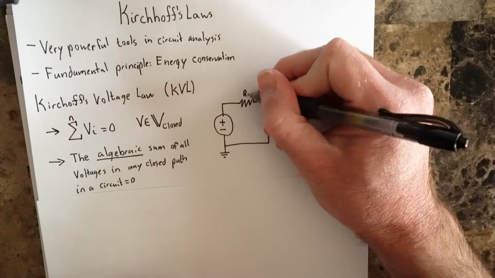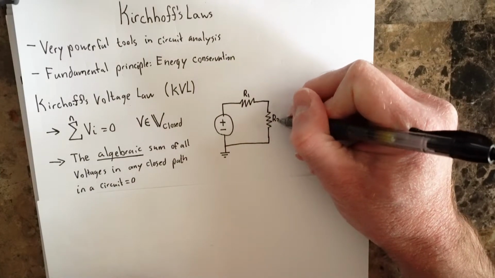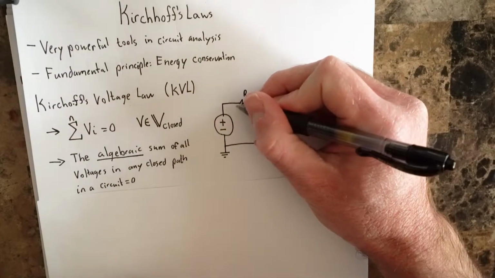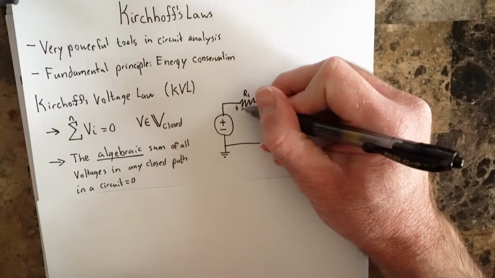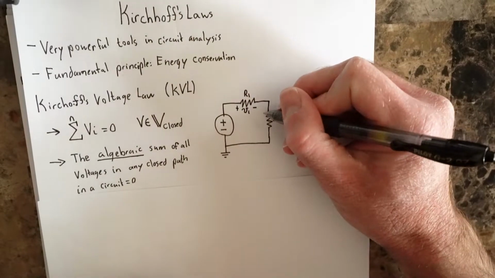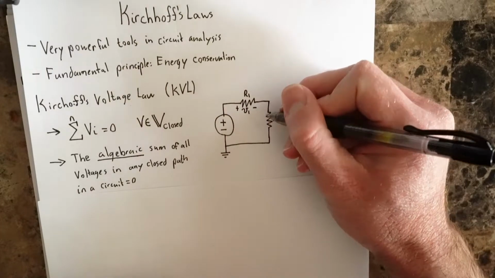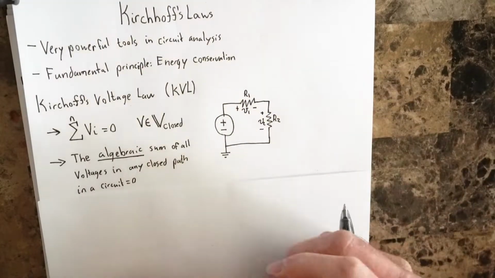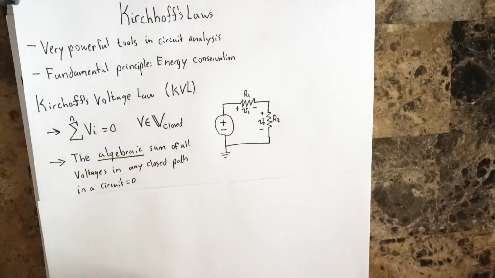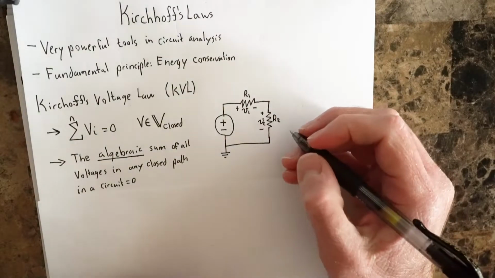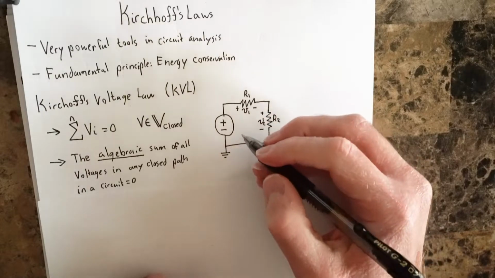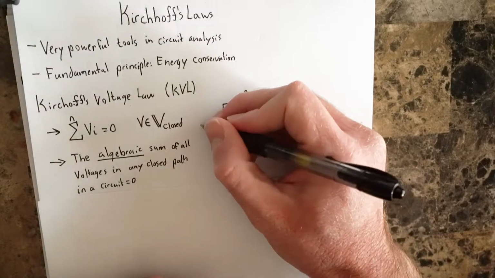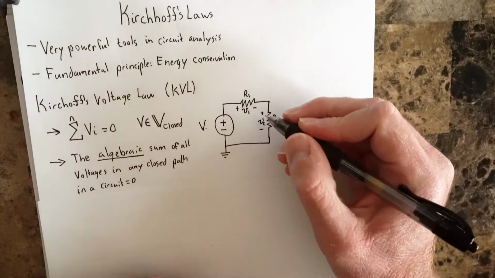We'll call this resistor R1, this resistor R2. And the voltage across this resistor V1 and the voltage across this resistor V2. So what this means is that the algebraic sum, so let's call this V source.